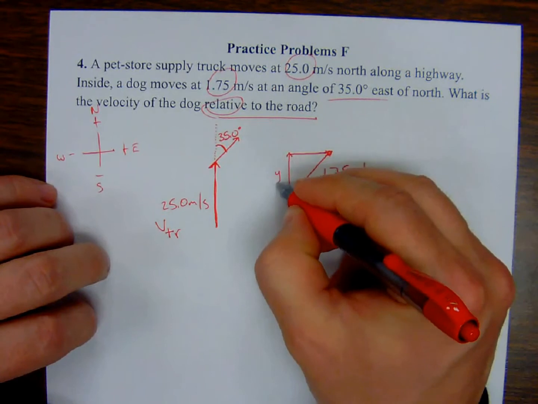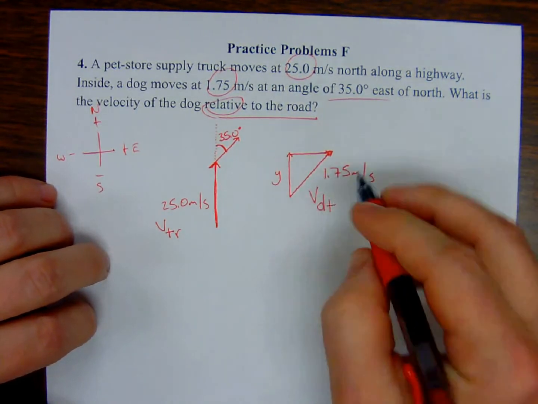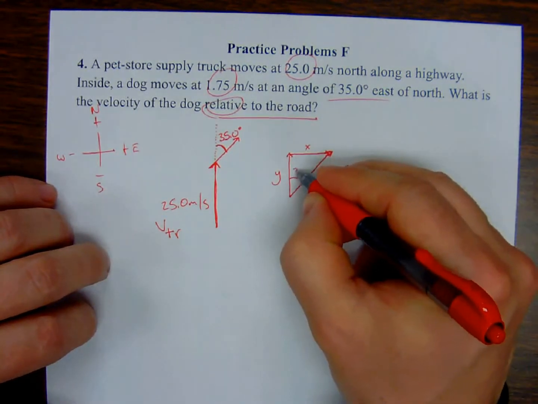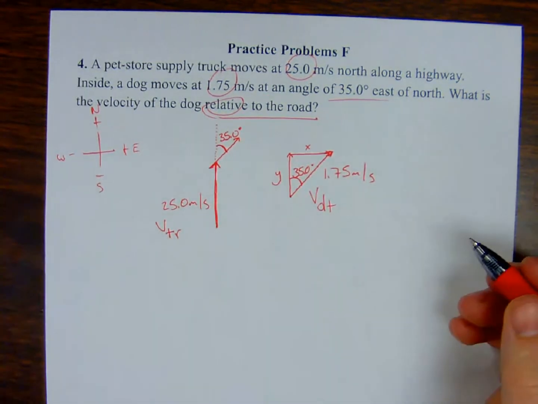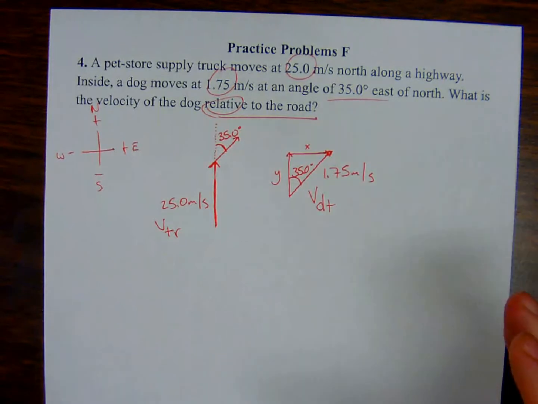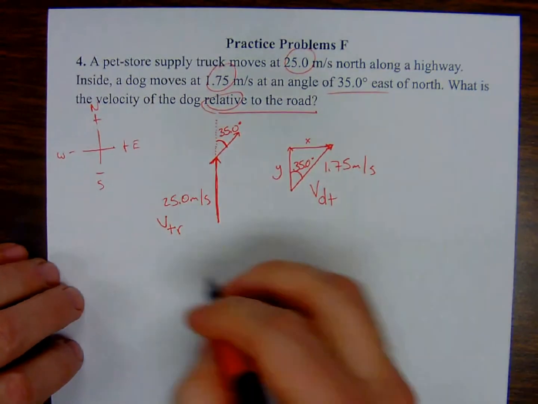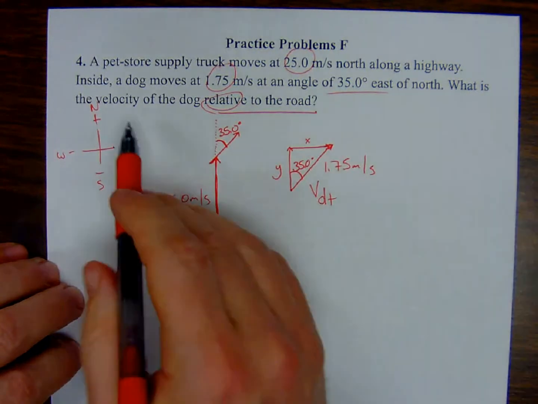What we need to figure out in general is the velocity. Velocity is a vector quantity, remember, we've got magnitude and direction. So we're going to end up using the Pythagorean theorem and the inverse tangent function.